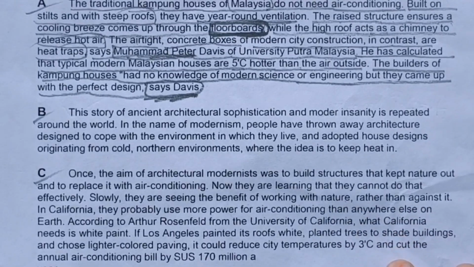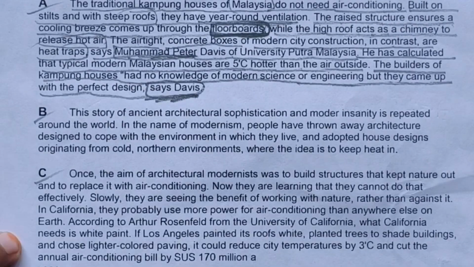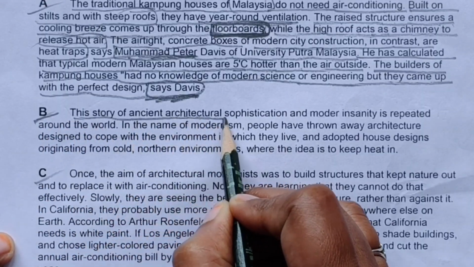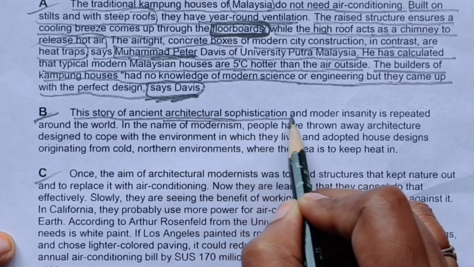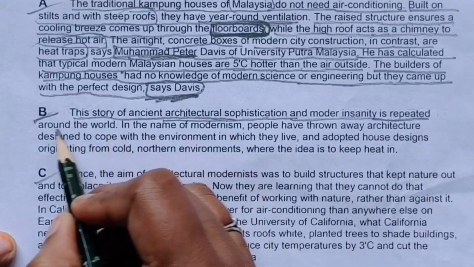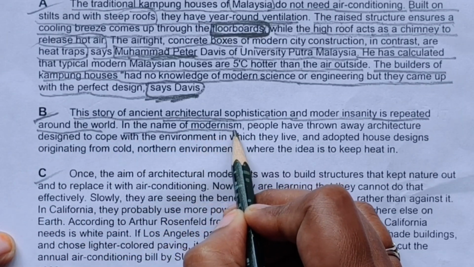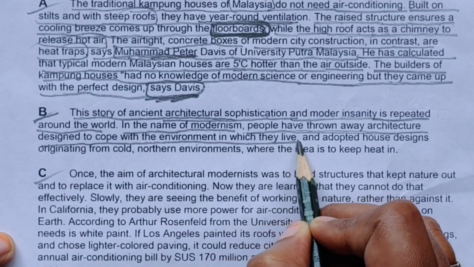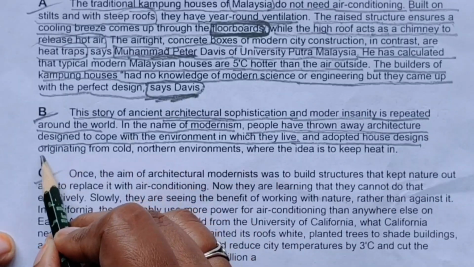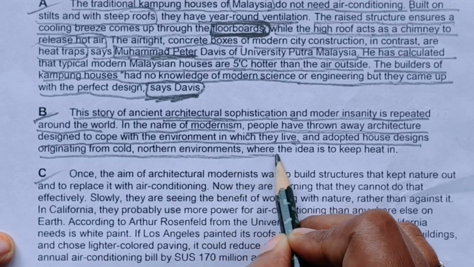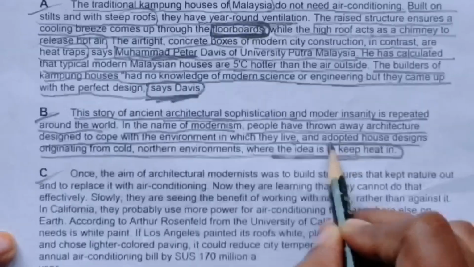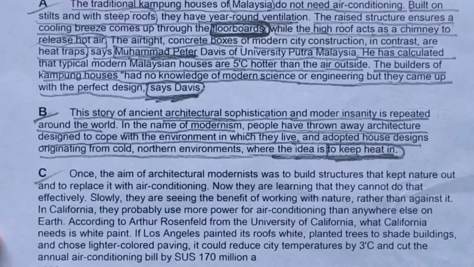So now let's quickly read our B paragraph. This story of ancient architectural sophistication and modern insanity is repeated around the world. In the name of modernism, people have thrown away architecture designed to cope with the environment in which they live and adopted house designs originating from cold northern environments where the idea is to keep heat in. So let's see whether we are getting any of our answer or not.